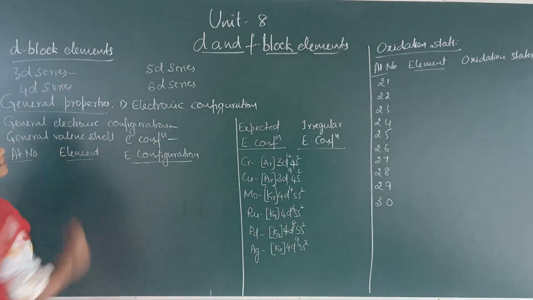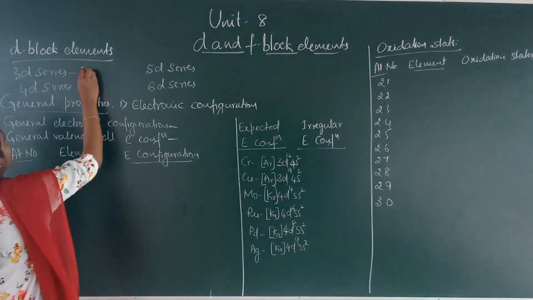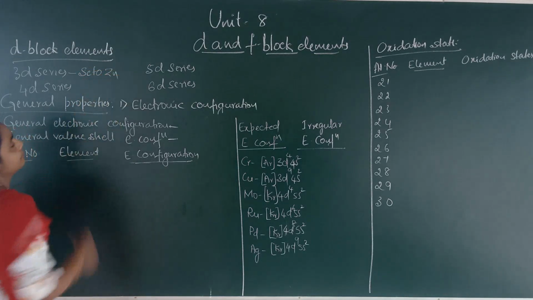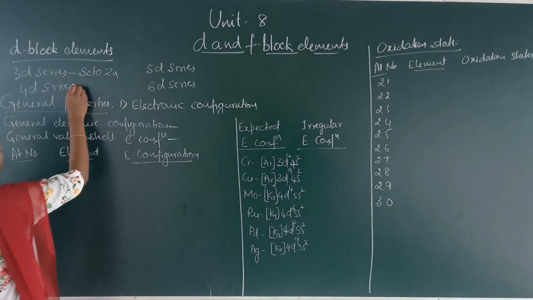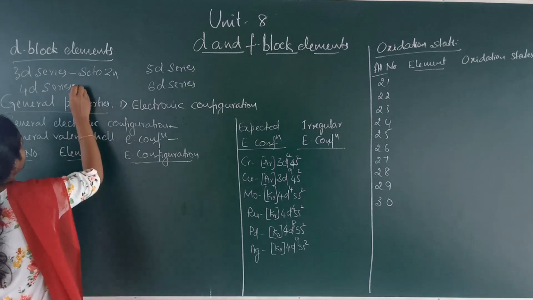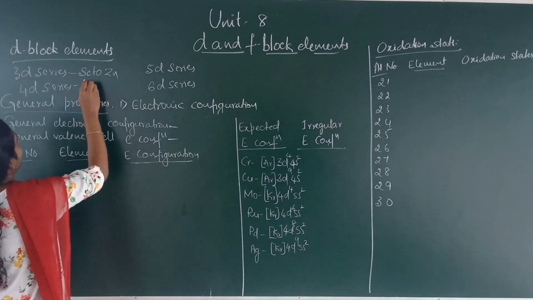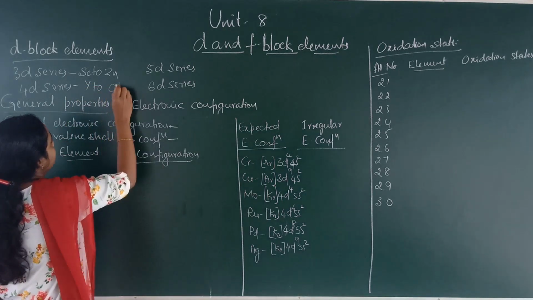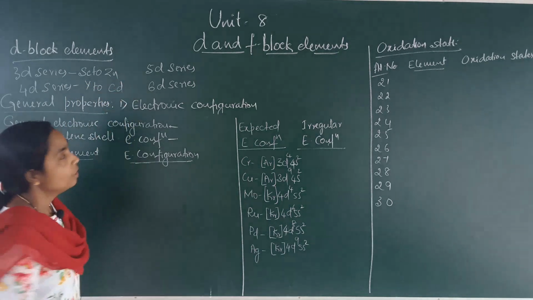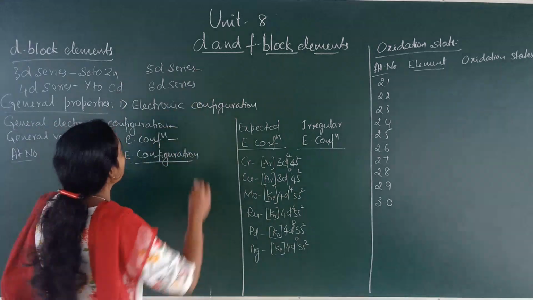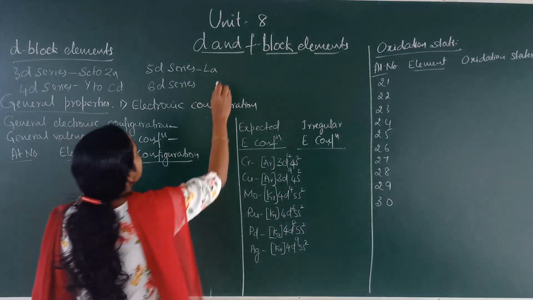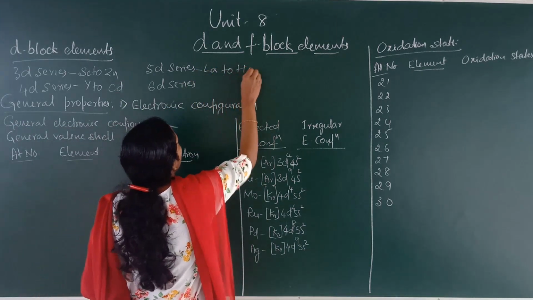The 3D series starts from scandium and ends with zinc. The 4D series starts from yttrium and ends with cadmium. The 5D series starts from lanthanum and ends with mercury.